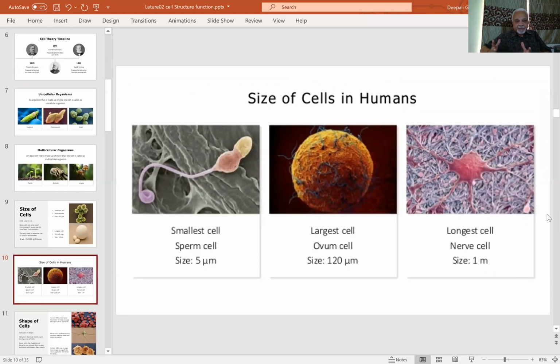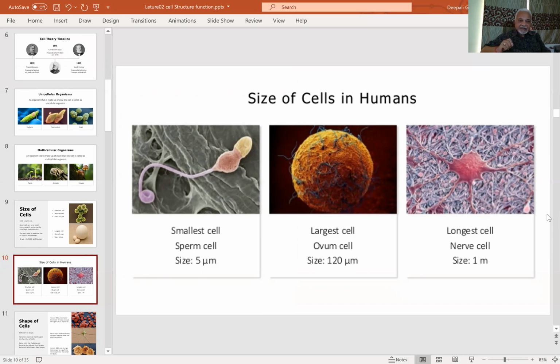And then the shape varies. Again, an example from the human system: the smallest cell is the sperm cell in humans, which is about 5 micron, to larger cells like the ovum, which is 120 micron or micrometer.